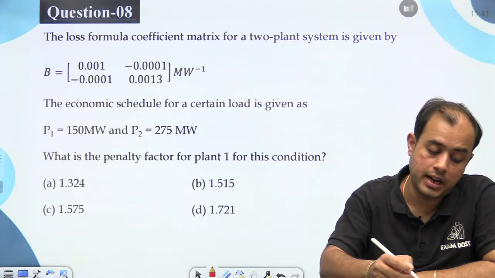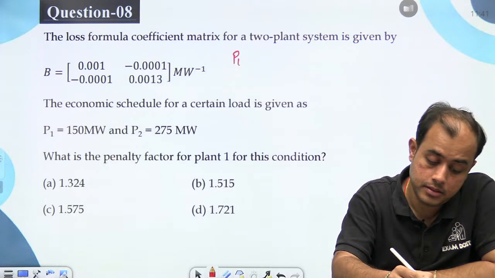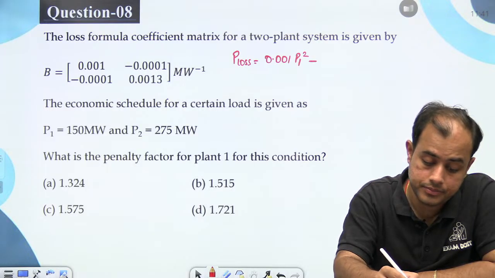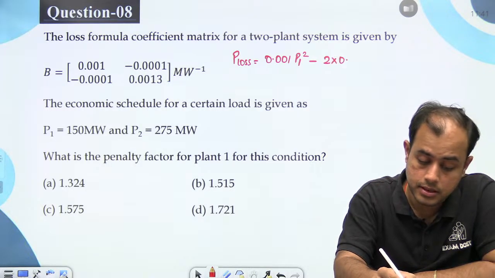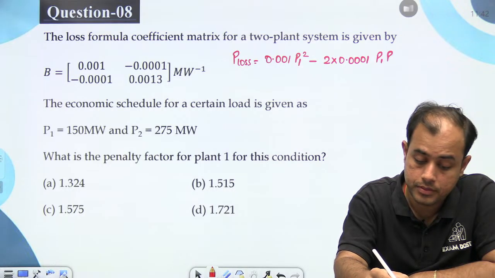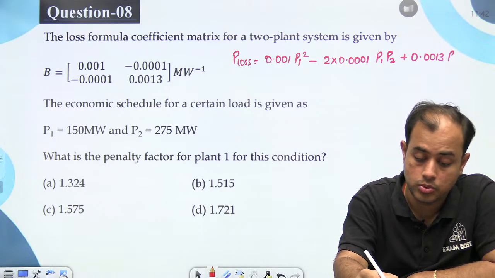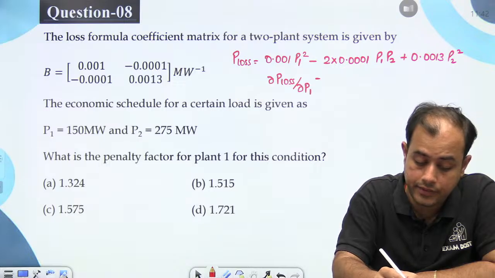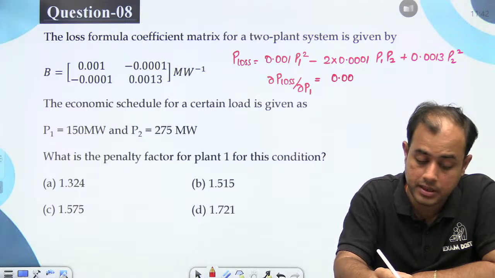ESE 2017. Loss formula coefficient matrix is given. Penalty factor of plant 1. The first coefficient is B11. The second is B12. And the last coefficient is B22. For L1, I need derivative with respect to P1.